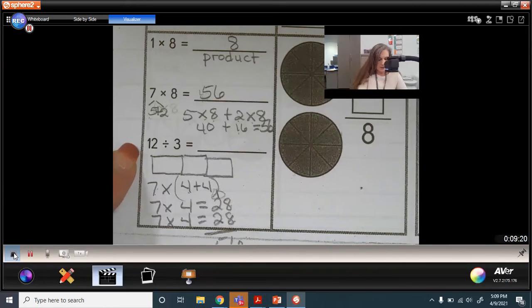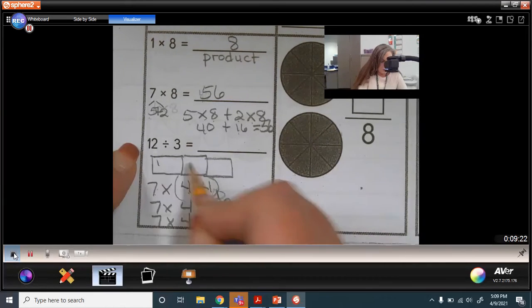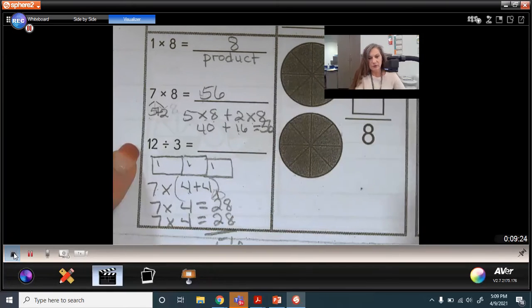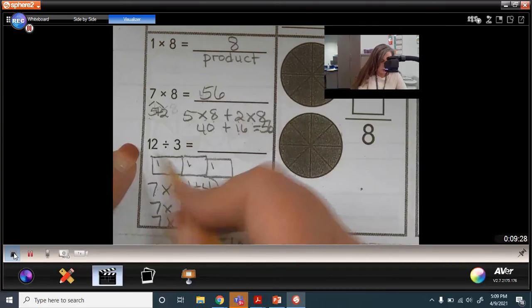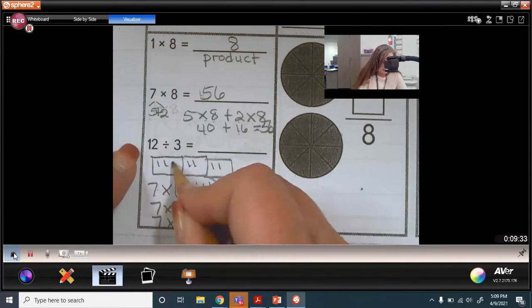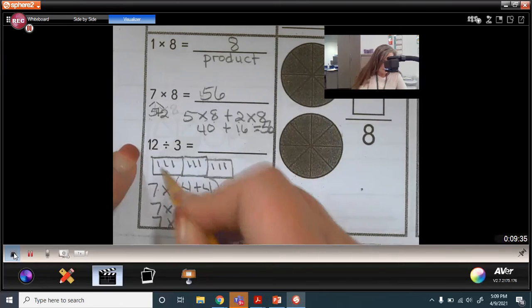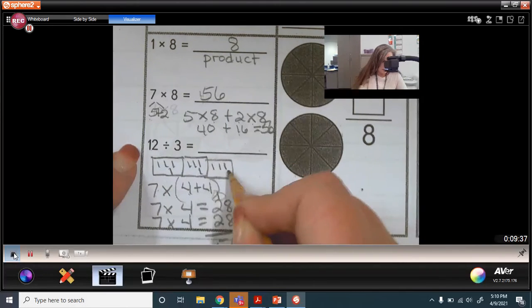I could start by putting 1 in each, or I could even do 2s since 12 is an even number. But I'm just going to start with 1, 2, 3, 4, 5, 6, 7, 8, 9, 10, 11, 12.